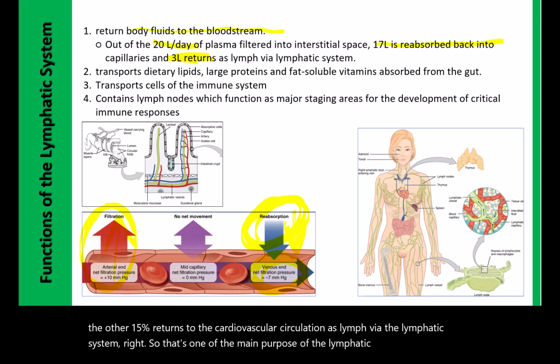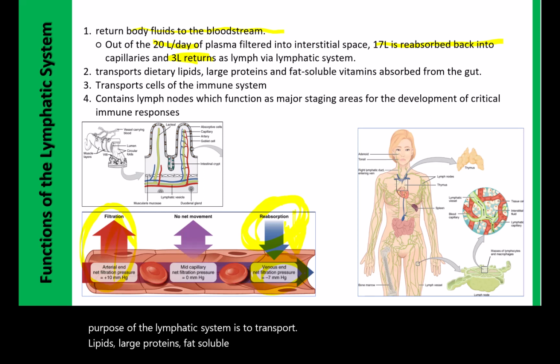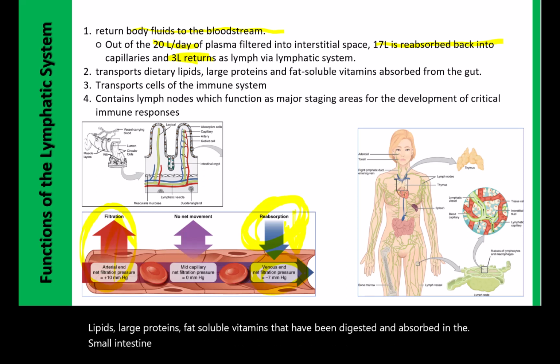The next purpose of the lymphatic system is to transport lipids, large proteins, and fat-soluble vitamins that have been digested and absorbed largely in the small intestine, from the small intestine into the rest of the circulation.